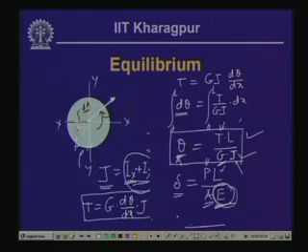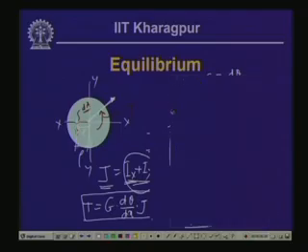Now, if we like to relate the shear stress with the twisting moment, because the application of the twisting moment generates shear stress, we had seen tau is equal to G d theta dx times rho.